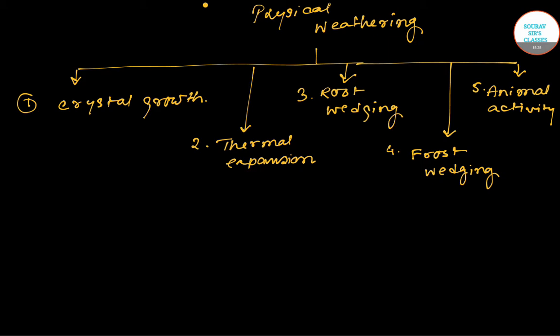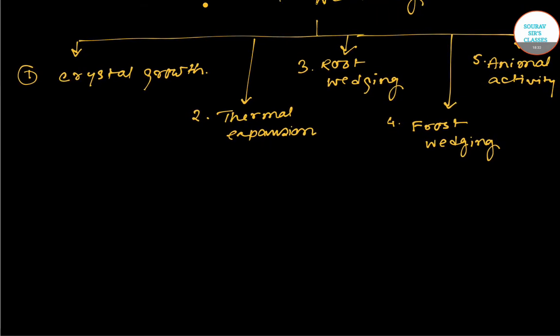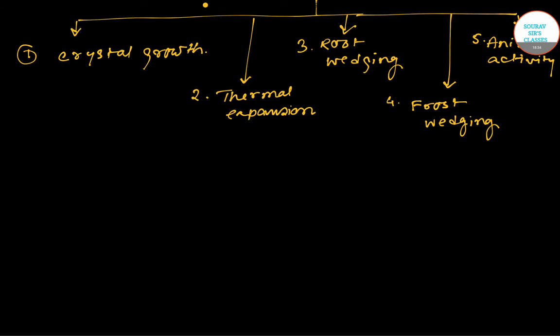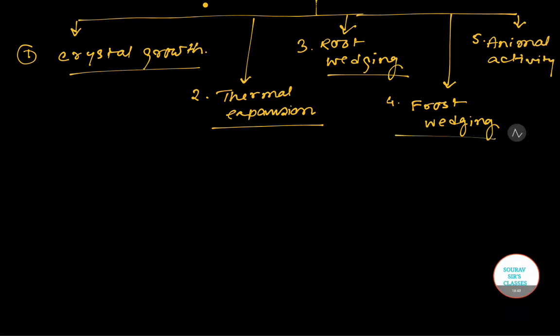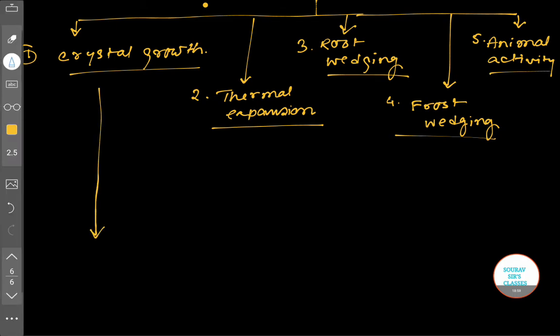So these are the order I told you previously, and I tried to write it down in the same order. Now we will be studying in detail, not in brief, but I would like to tell you in short all the definitions, all the activities, what happens and what actually causes this. So for the first one, that is the crystal growth, I'm using another pen color.